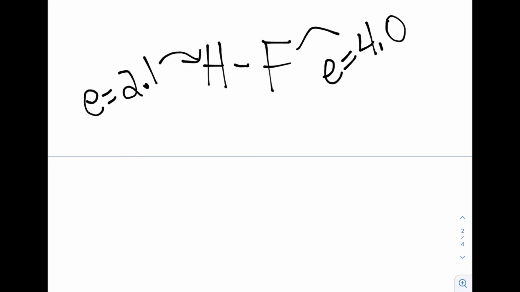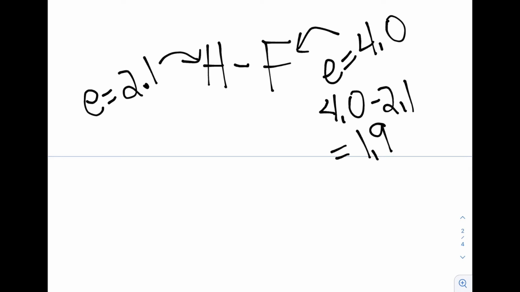Now, we can find the difference between the two by subtracting 2.1 from 4.0, and you get 1.9. Now, 1.9 is definitely greater than 0.5. This means that the bond between the hydrogen and fluorine in this case is polar. So this is a polar bond, and if you got this right, good job. If you didn't, you can try again.